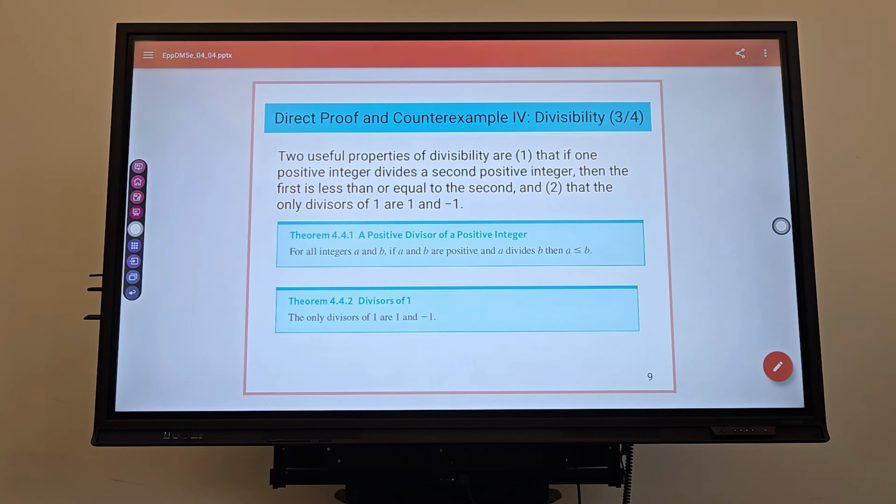And 2, that the only divisors of 1 are 1 and minus 1. So, theorem 4.4.1: for all integers a and b, if a and b are positive and a divides b, then a is less than or equal to b. And theorem 4.4.2: the only divisors of 1 are 1 and negative 1.